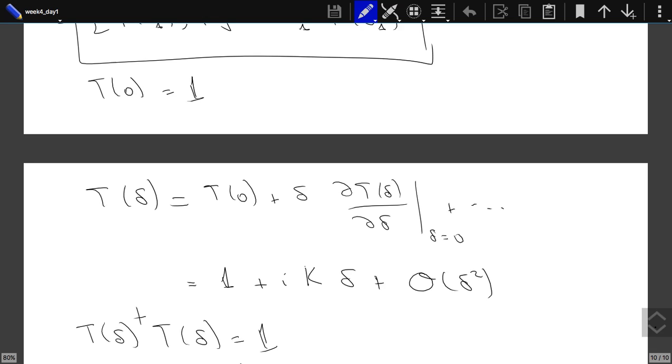And then, of course, this K should have certain properties, so that this T has the properties that we had described. One thing was it has to be unitary. So T dagger T had to be 1, whatever the value of delta is.